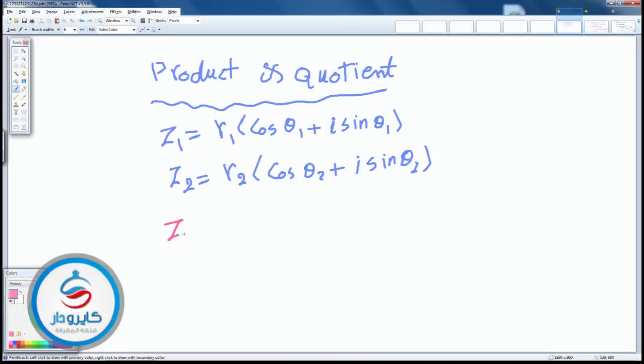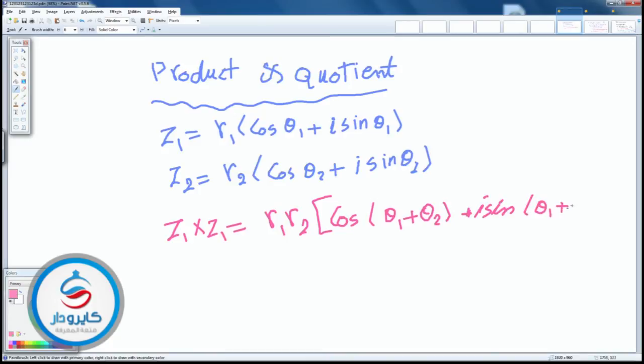If we have Z1 times Z2, this is the product of the two complex numbers, equal R1 R2, the product of two moduli, and cosine, take care of this, theta 1 plus theta 2 plus I sine theta 1 plus theta 2.